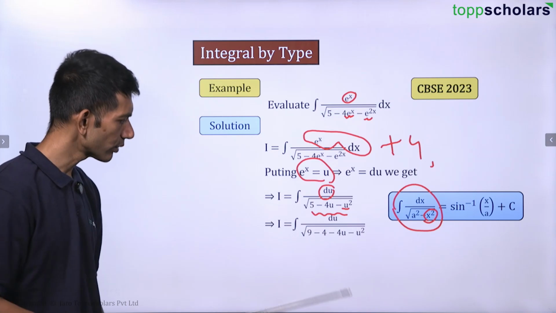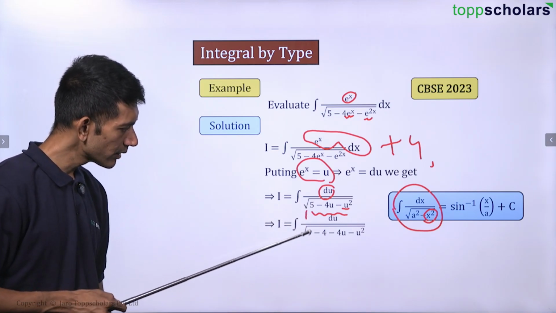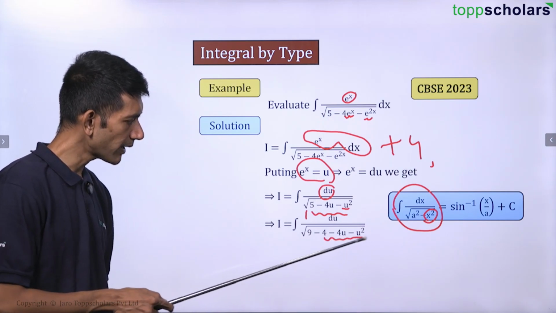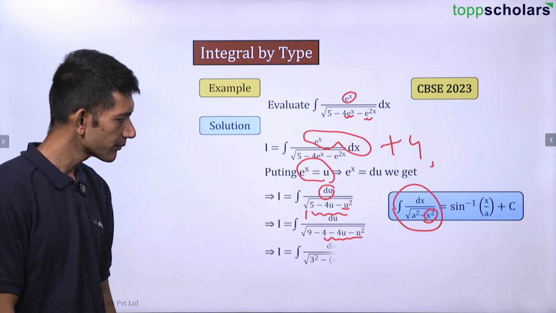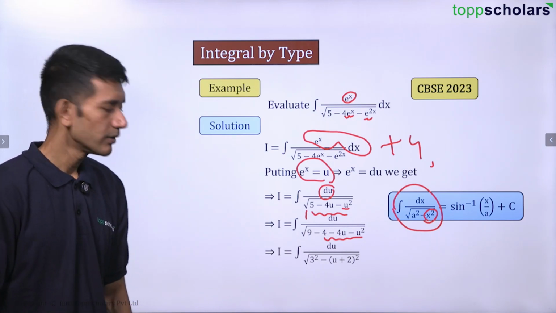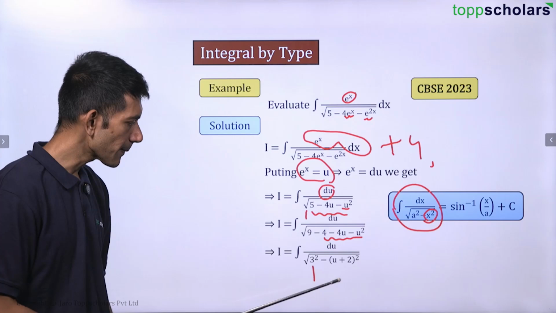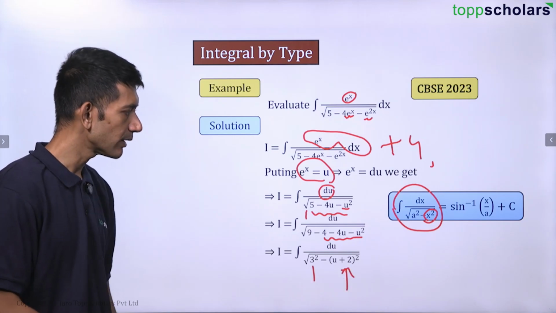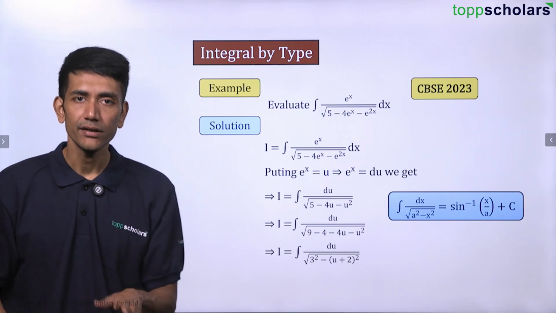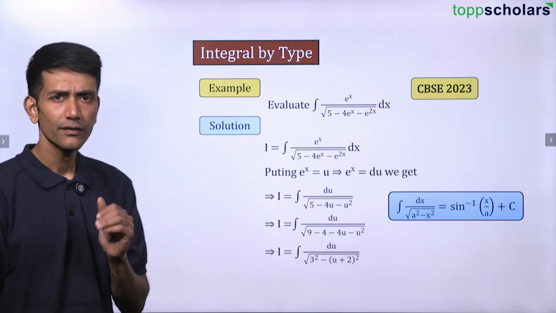If I add 4, I get 9. If I subtract 4, I have this part. I can take minus sign common, and this becomes u plus 2 the whole square. So this is like my a, and this is like my x now. A and x. And once you have your a and x, you can solve it further very easily, isn't it?